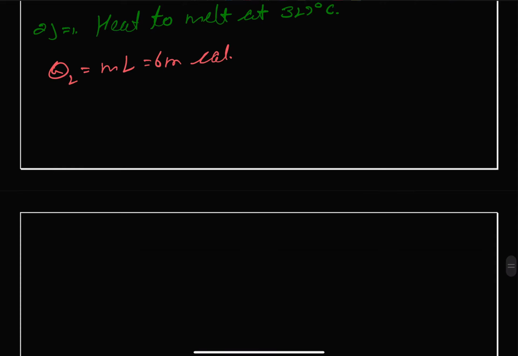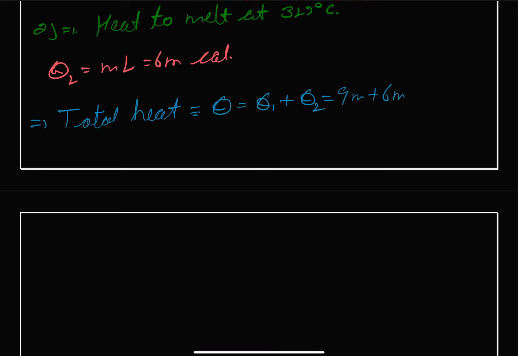Therefore, the total heat that is required is Q is equal to Q1 plus Q2. This comes as 9m plus 6m is equal to 15m.